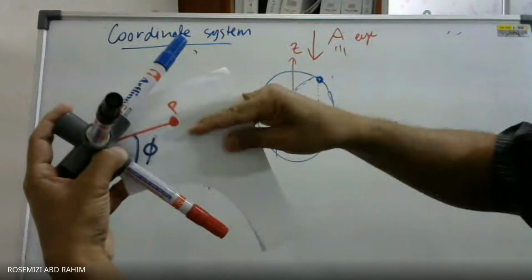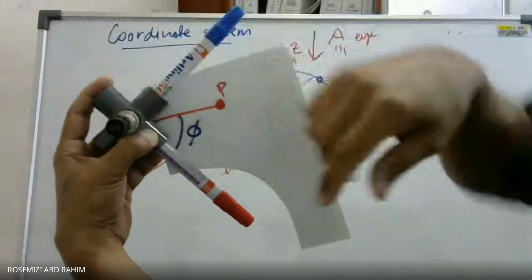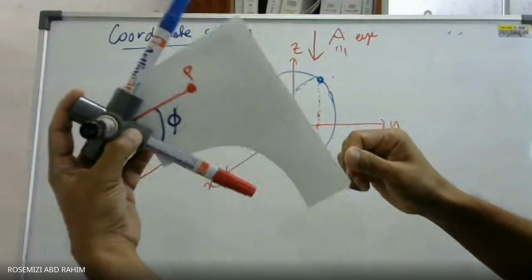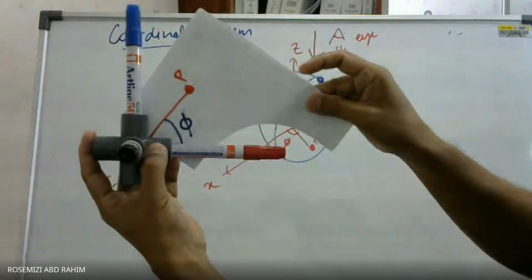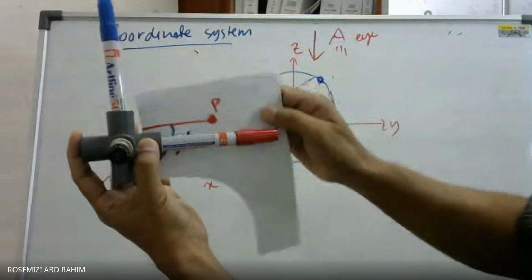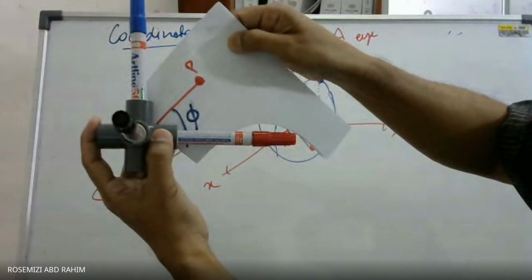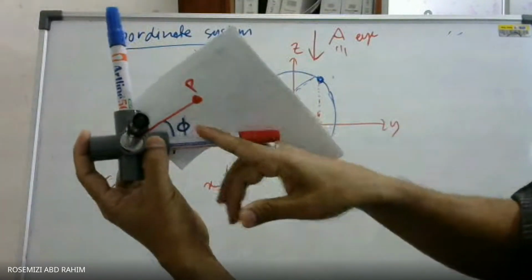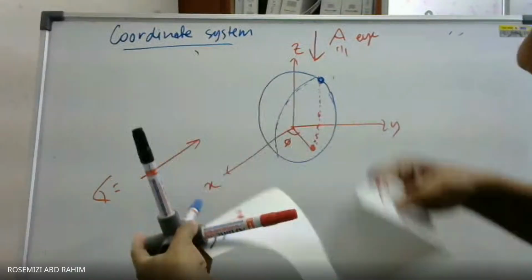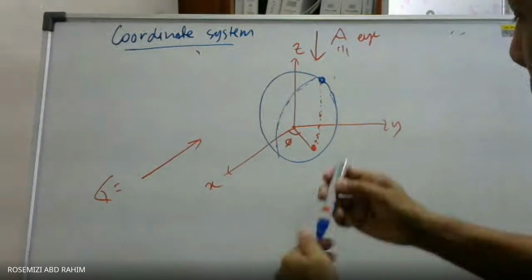We see from the Z axis. Point P is here, and the angle between the X axis and this point P we call phi. So theta is the angle, and phi is the angle.